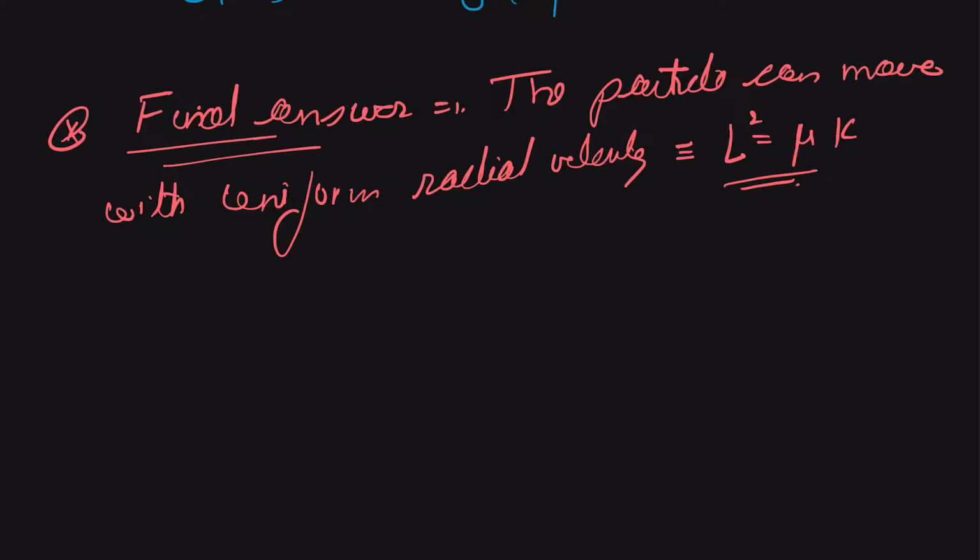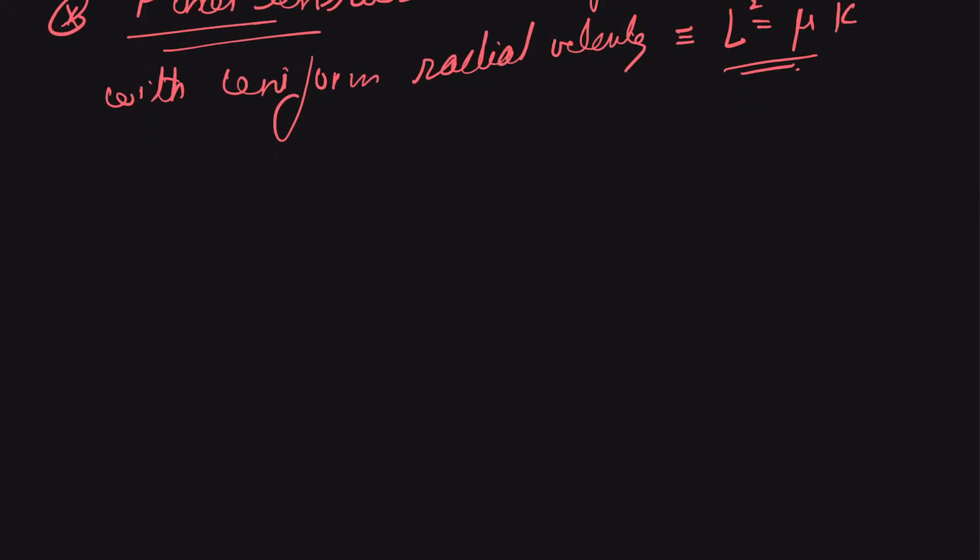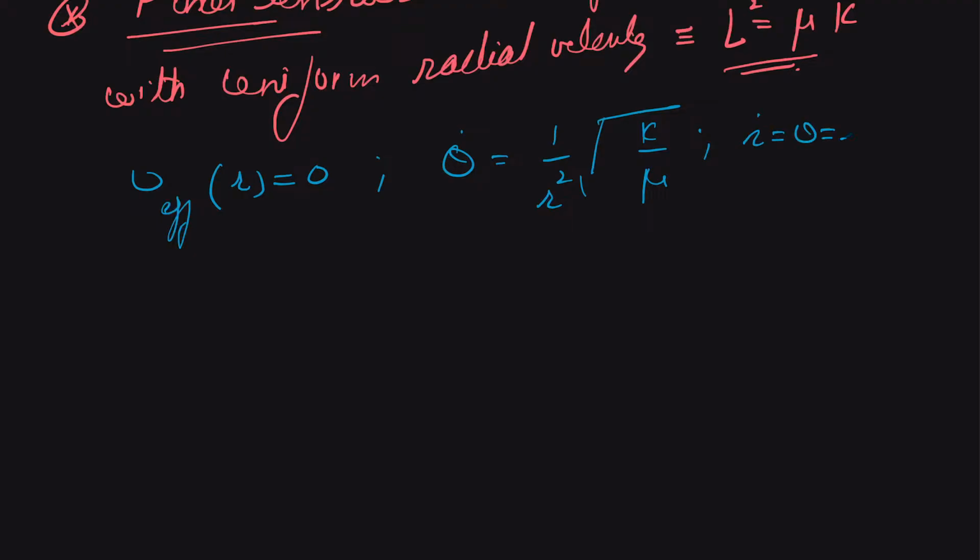And under this condition, we also proved that V effective is independent of r and is equal to 0. And for angular motion, we can also prove that theta first derivative is equal to 1 upon r square and square root k upon mu. And we also proved that the first derivative of radial distance r is equal to v, which is nothing but our constant.